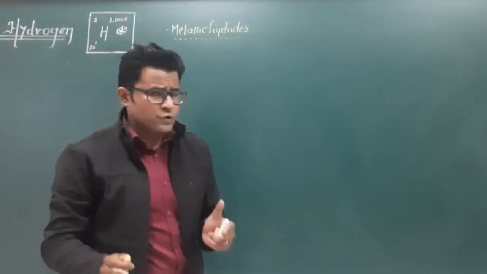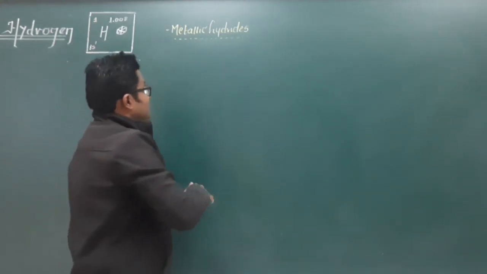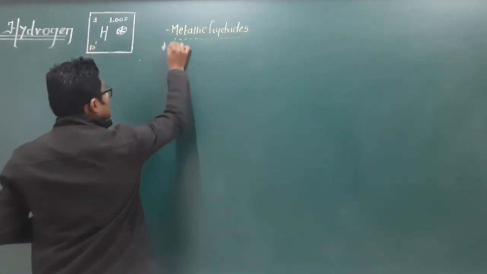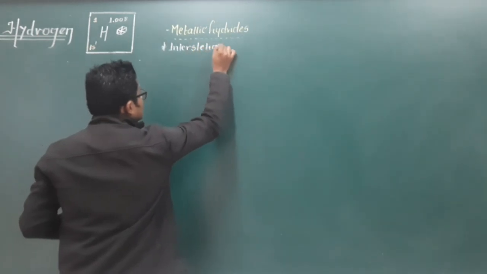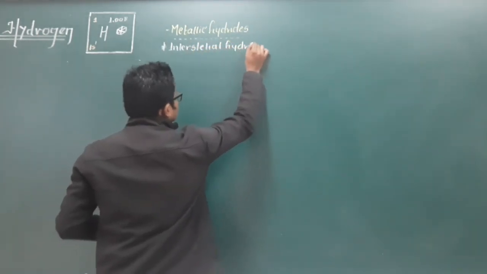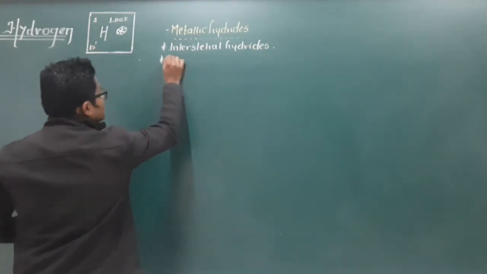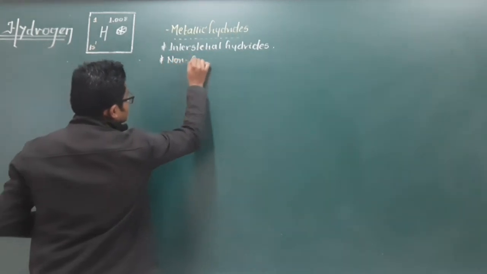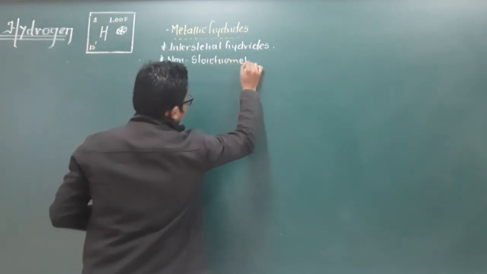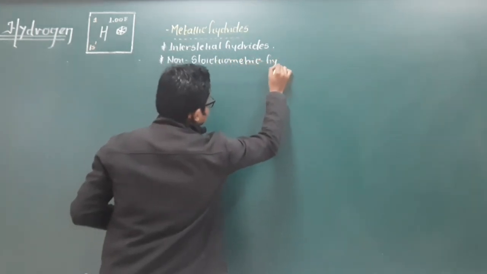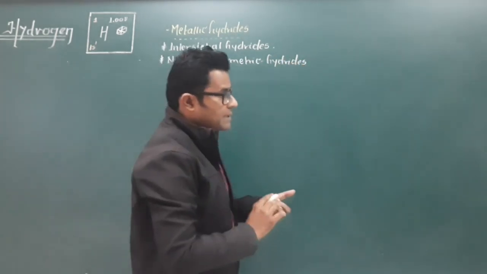So coming to the next section, that is going to be the metallic hydrides. We also call them interstitial hydrides, or we call them non-stoichiometric hydrides. Okay, so we have these names in this particular case.